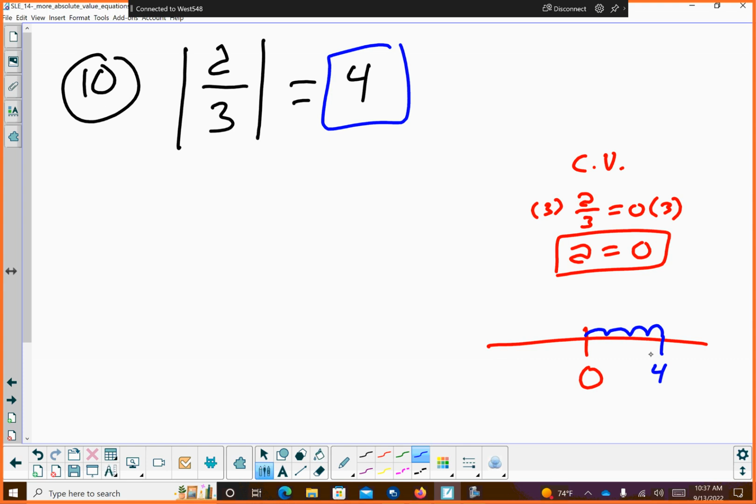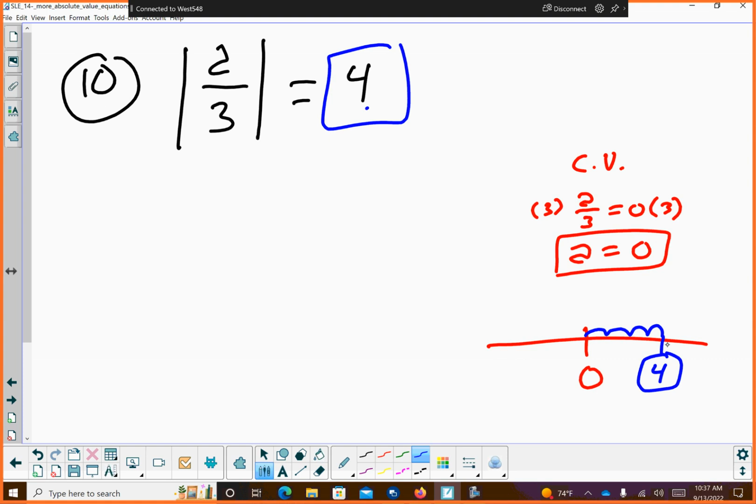All right, so now I have a question. I had a critical value of 0. I had this 4, and I went to here. Now let's pause there for a second. If this was one of the answers, I should be able to plug it in here for A and make it true.